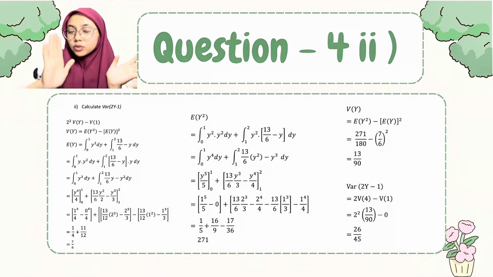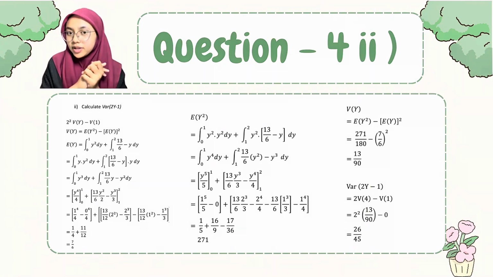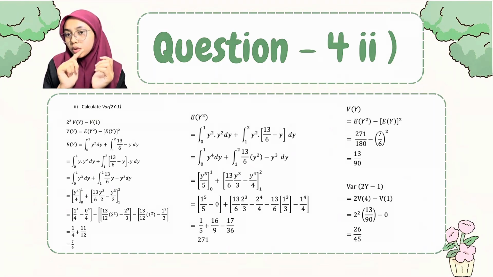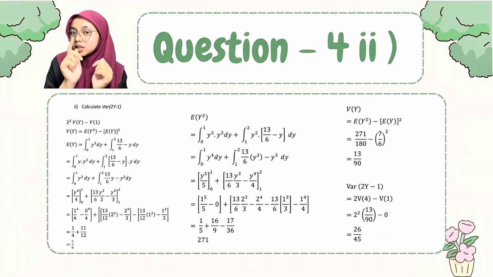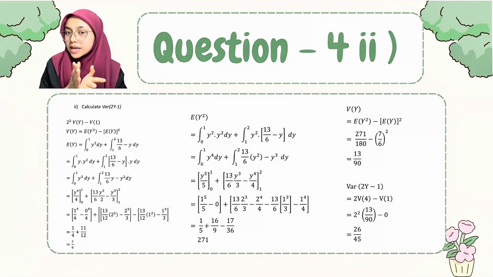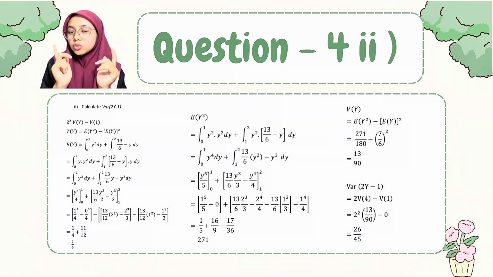And now you have to simplify until you cannot simplify, and you will get [y⁵/5] from 0 to 1 plus [13/6 y³/3 minus y⁴/4] from 1 to 2. And you have to put the numbers into the y, and you will get the final answer, which is 271 over 118 for E(y²).